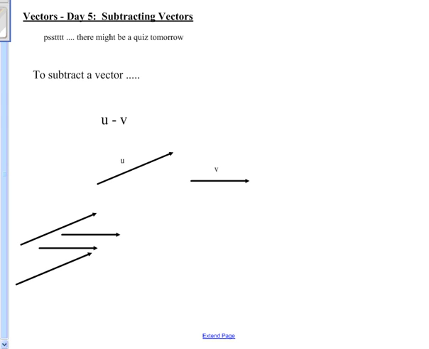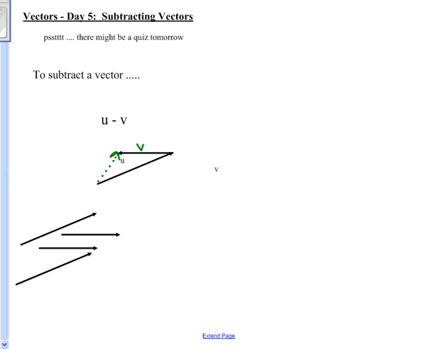So if we have vector u and vector v, and we want to add them, we would put them like that. If we want to have vector u and vector v and subtract them, then we would add them like that, because we are doing vector u and then we're doing v in the opposite direction, and our resultant will be like that.